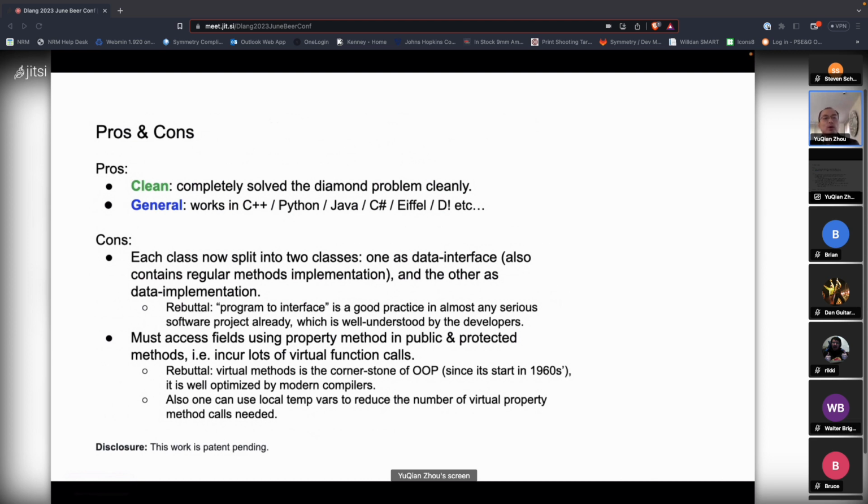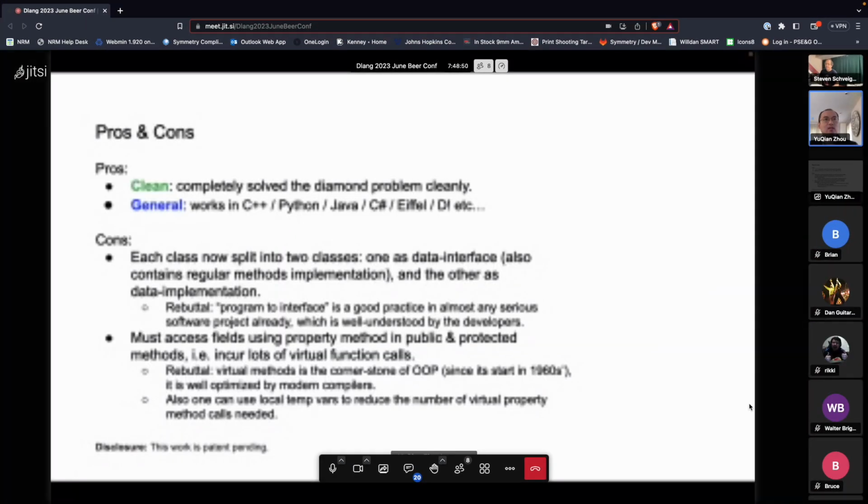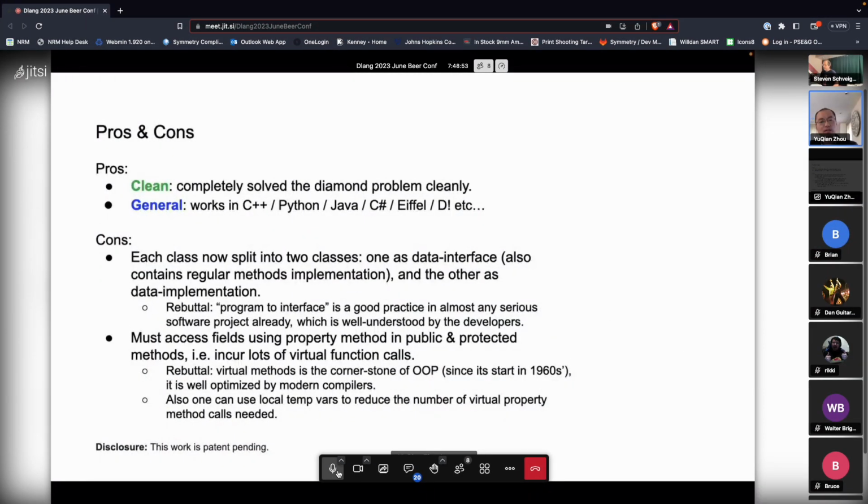Okay, so pros and cons. The pro is that it's clean, as I have shown you. It achieves field sharing and field separation cleanly, exactly according to the application semantics. It's general, and I have shown it works in the current mainstream languages. In the methods you can access the raw fields, instead of calling virtual functions, virtual property methods. And there's another way, even in public or protected methods: you can always use local temporary variables.